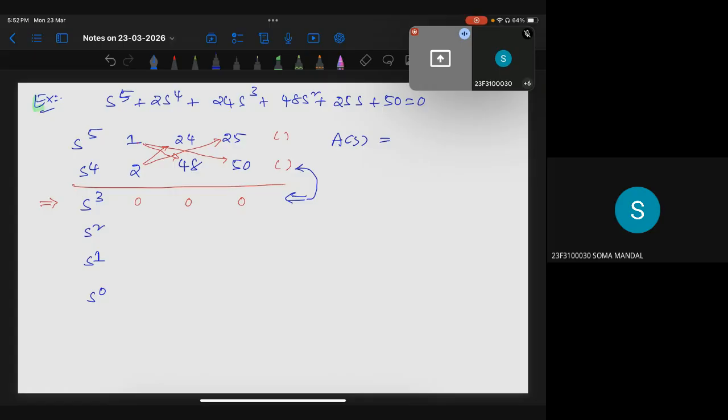Now can you tell me the polynomial? 2s to the power 4 plus 48s square plus 50. Now what is the derivative of that? That will be 8s cube plus 96s.